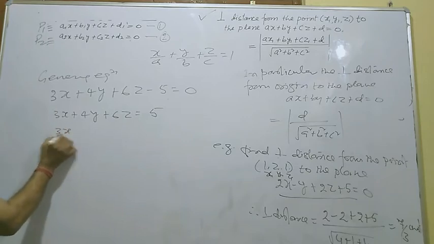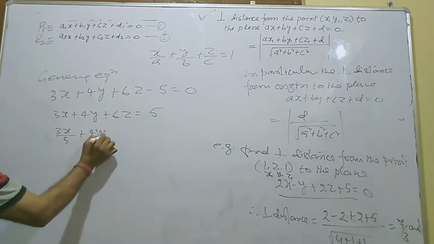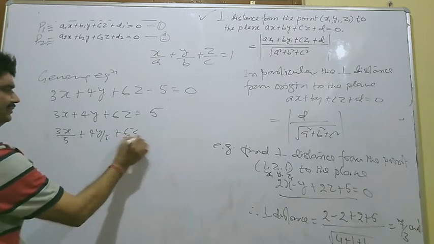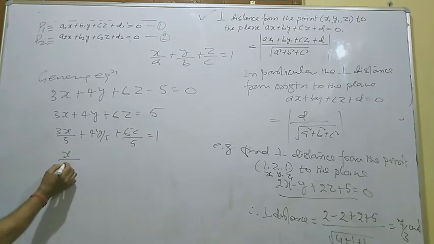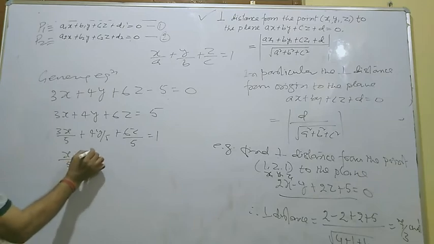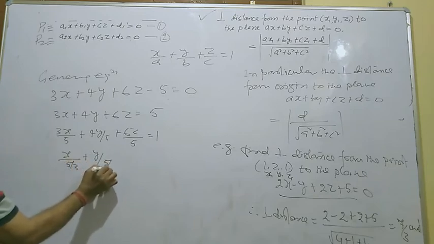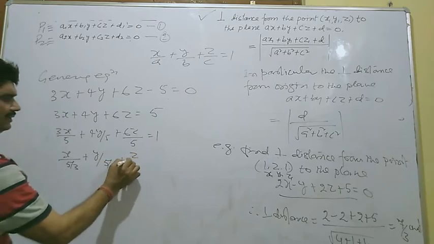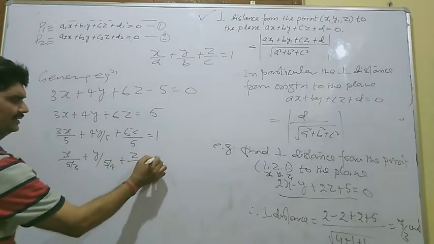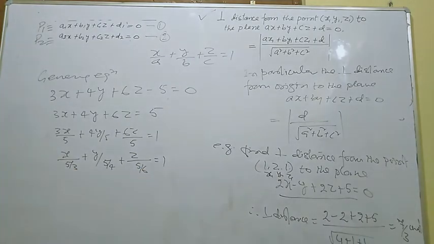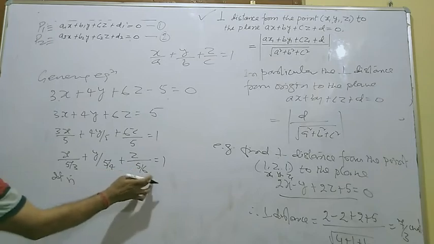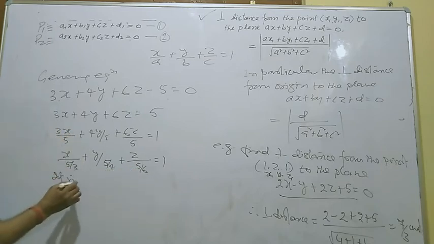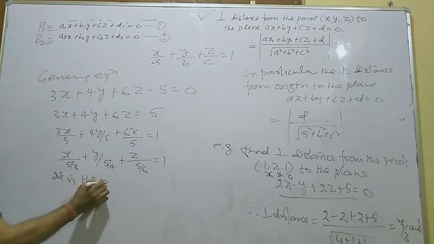So 3x upon 5 plus 4y upon 5 plus 6z upon 5 equal to 1, which can also be written as x upon (5 upon 3), y upon (5 upon 4) plus z upon (5 upon 6) equal to 1. The intercepts are 5 by 3, 5 by 4, 5 by 6 on the coordinate axes. This is the intercept form.